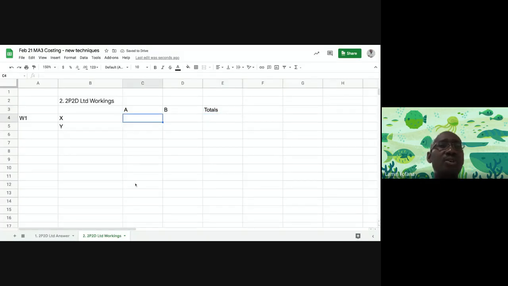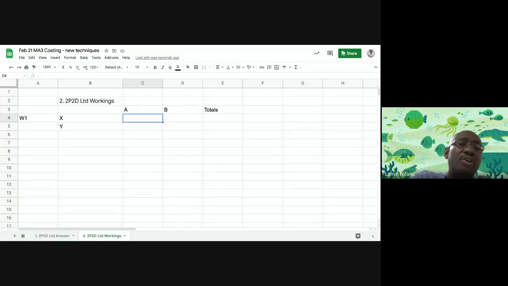Okay, so for Department X, for product A, what will be the number of labor hours? How do you calculate total labor hours for each department, for each product?